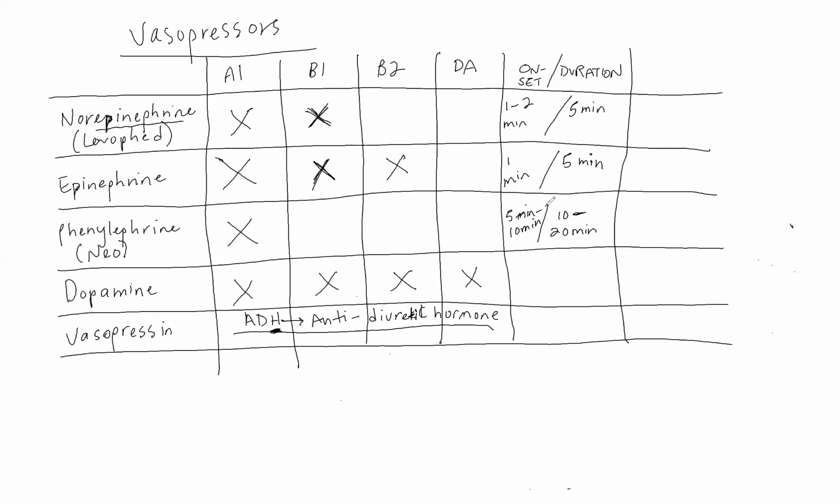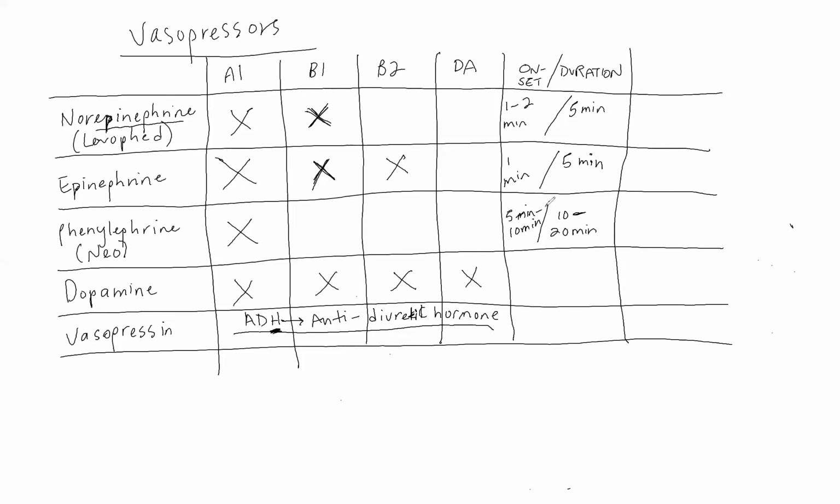An emergent bag of phenylephrine to me communicates, yes, we really need a vasopressor available, and we need it very quickly. However, if my patient's blood pressure is 60/40, is phenylephrine going to be my top choice drug? No, it's not. Phenylephrine is not going to be the drug that I go to titrate first, and it's not going to be the drug that I look to start first because of its longer onset time.